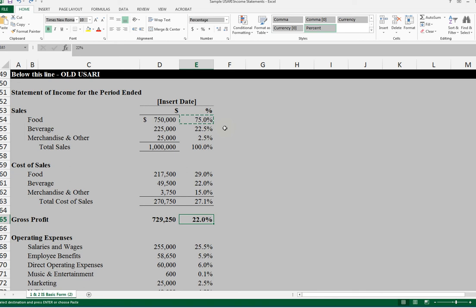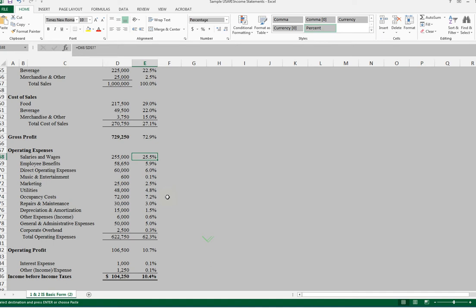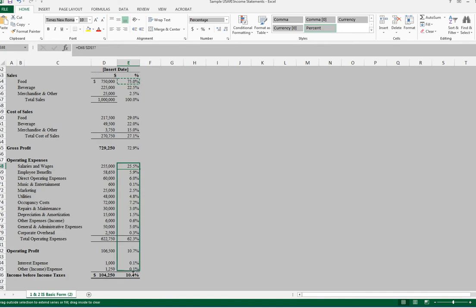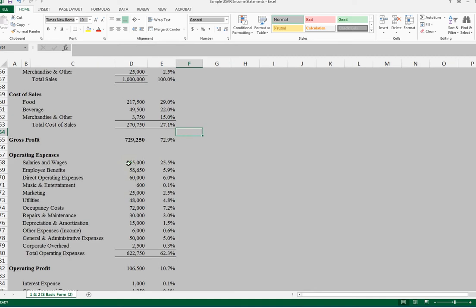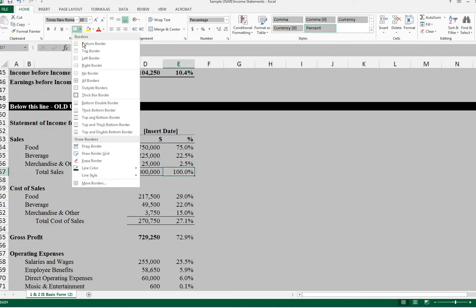I'm going to zoom out, copy the format, and bear with me here, make that into percentages out to 1 decimal point. Okay, that's a bit better. Now fixing the bottom border, top border, bottom border.